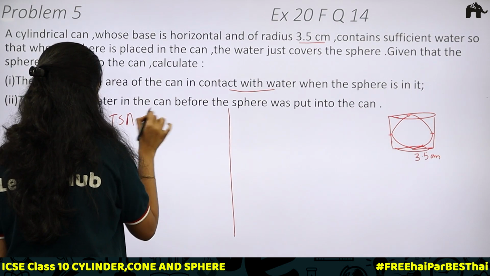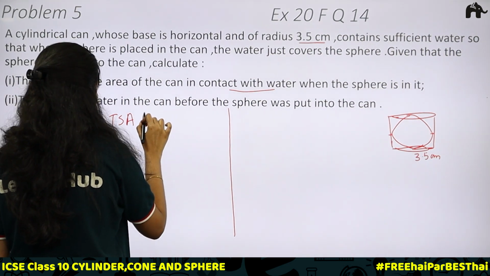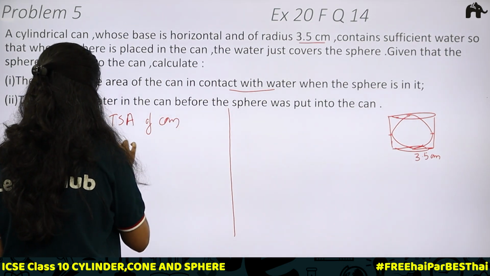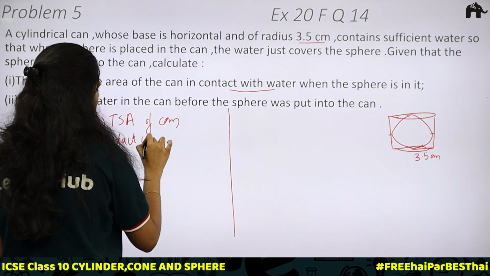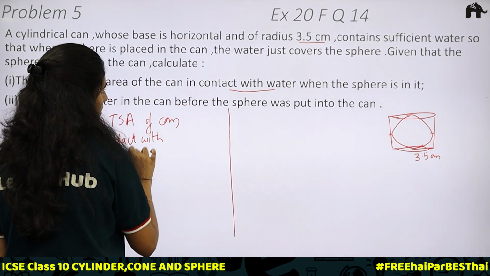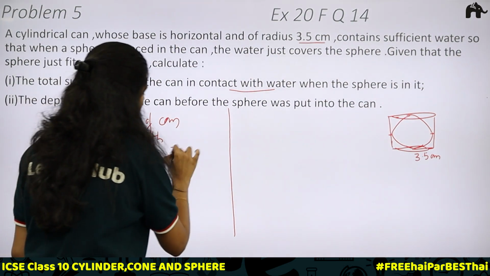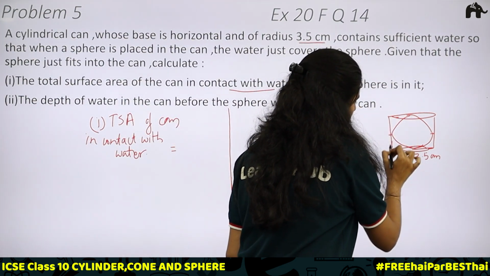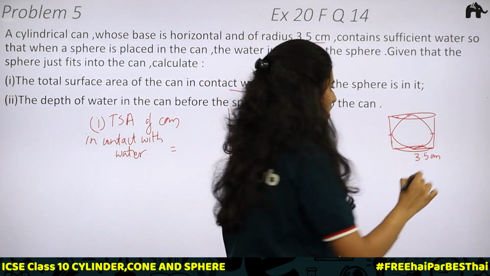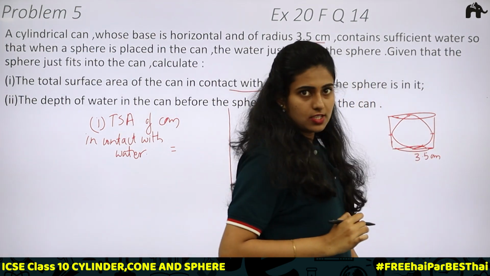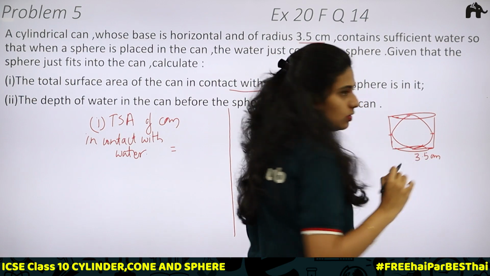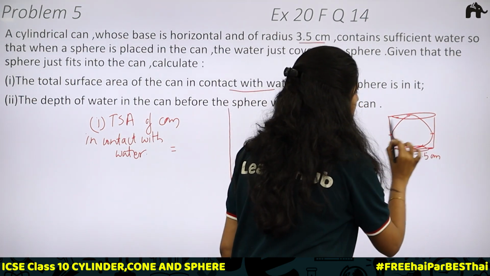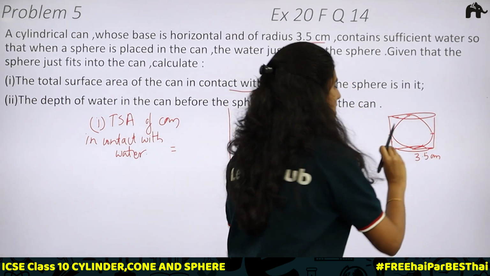Total surface area of can in contact with water will be equal to: this portion is in contact with the water, then the base is in contact with the water and the curved surface is also in contact with water, which means the cylinder's curved surface plus the cylinder's base.